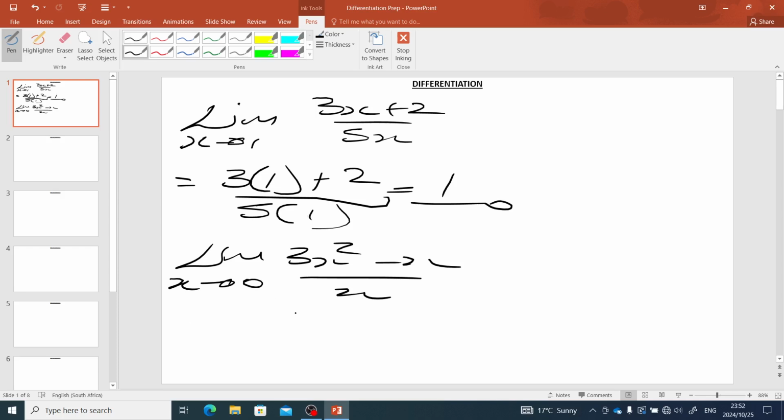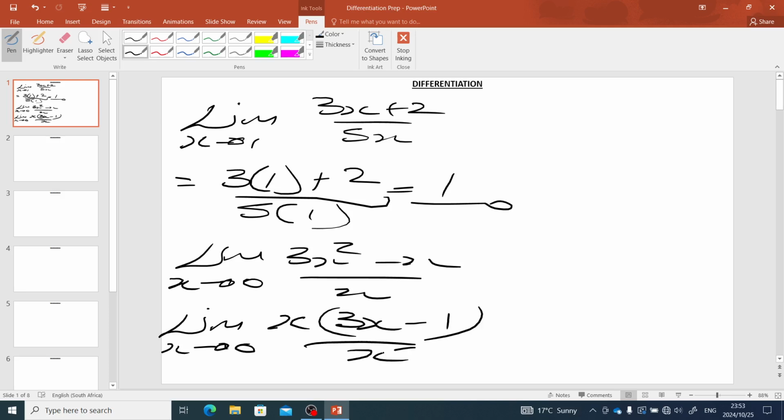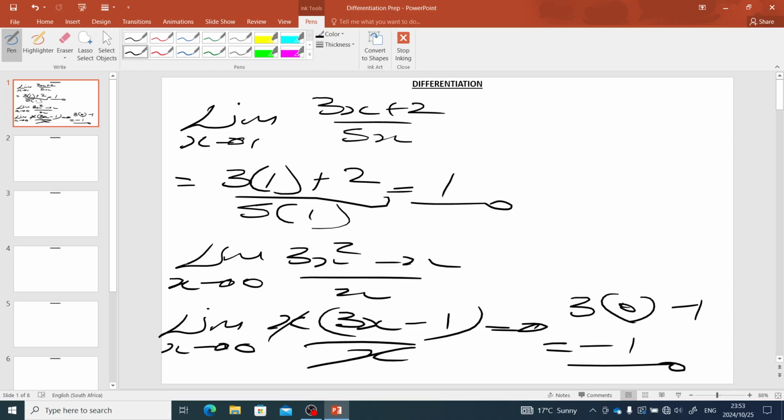Then we have to take out the common factor, so that we do not get the undefined limit. On the numerator, the common factor would be x. Then it will be x times 3x minus 1, divided by x. The x and the x will cancel out. Then when we do the direct substitution, it will be 3 multiplied by 0 minus 1. Then our final answer would be minus 1.